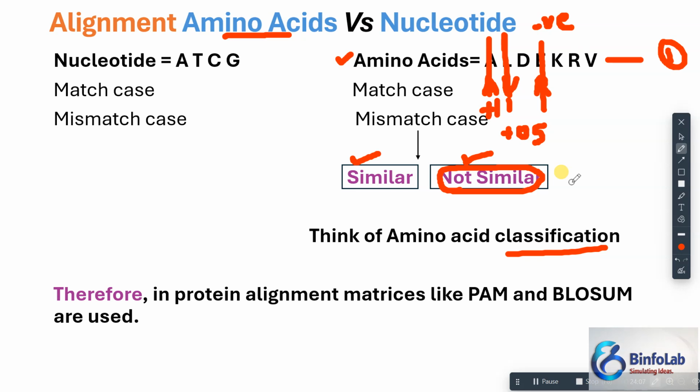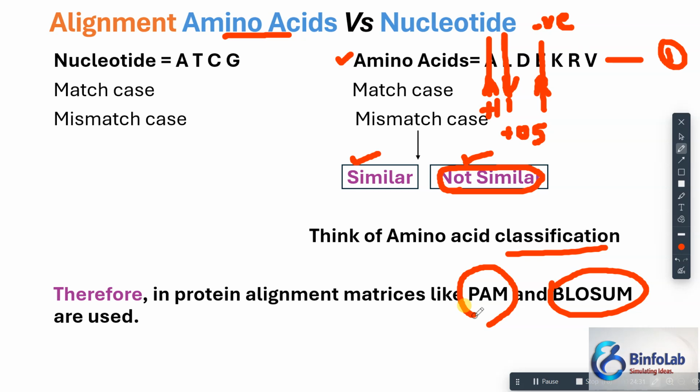To solve this issue, different algorithms are there, but in bioinformatics, two are used in protein alignment. One is PAM and one is BLOSUM. PAM stands for point accepted mutation, and BLOSUM stands for block substitution matrix. You can Google it.